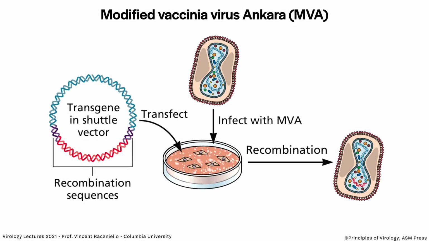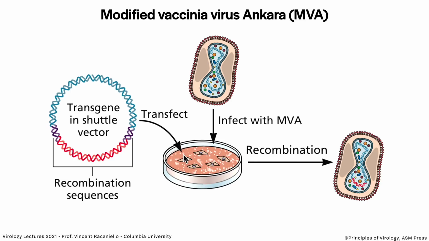So here's how you put genes into MVA. Very clever. You clone the transgene in a shuttle vector where the transgene is flanked by viral sequences. So there's your transgene in red, and the rest is the plasmid. In purple, viral sequences that will allow this to do homologous recombination into the viral genome.